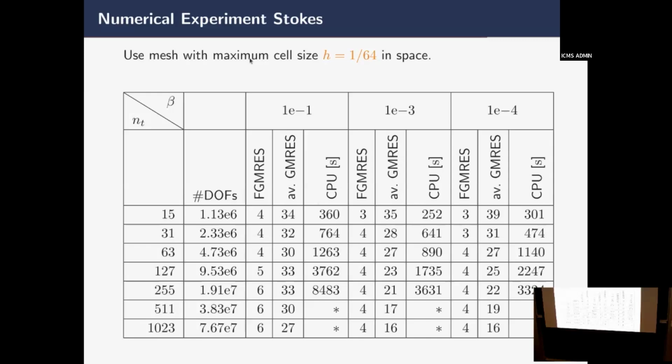And here we have several time discretizations, and on this dimension we have different regularization parameters. What's shown here is the number of degrees of freedom, obviously growing with the number of time steps. And for each setting of the regularization parameter, we have the number of FGMRes iterations, so that's the outer loop, and then the average number of inner GMRes iterations.